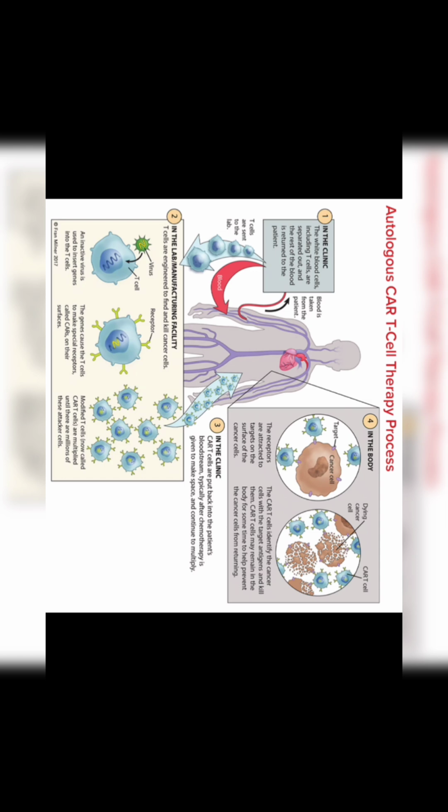Now, what occurs in the body is that these cells will specifically find and bind to the cancer cells and will ultimately destroy them. So this is the whole process of chimeric antigen receptor T cell therapy. I hope you understand this.